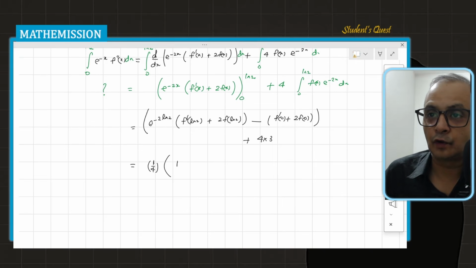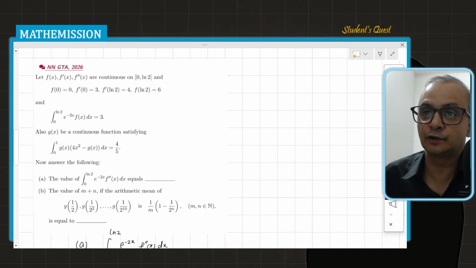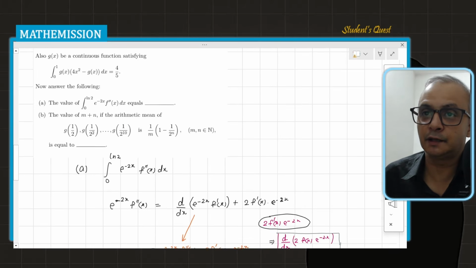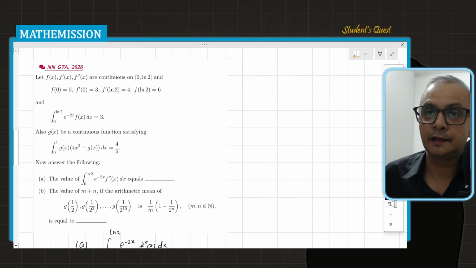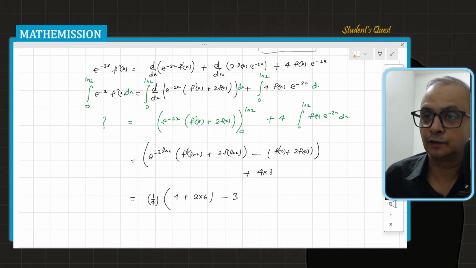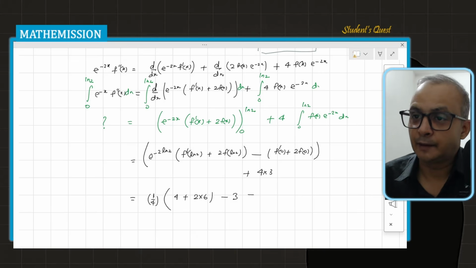So it is 4 plus 2 times, and f log 2 is given to us as 6. So 2 times 6, and minus f dash 0 is going to be 3, and that f0 is 0. So this part is 0 already, so no need of it, and that is going to be 3. I think this is okay, and plus 12.